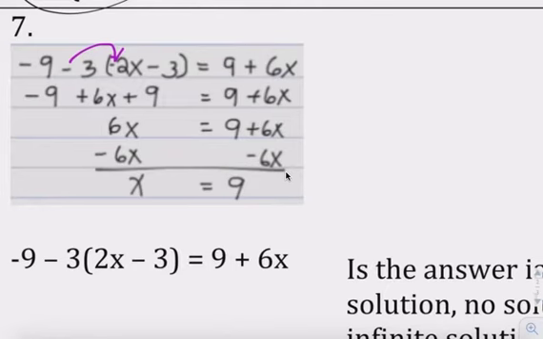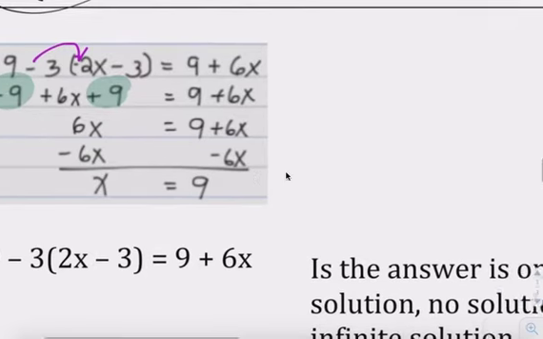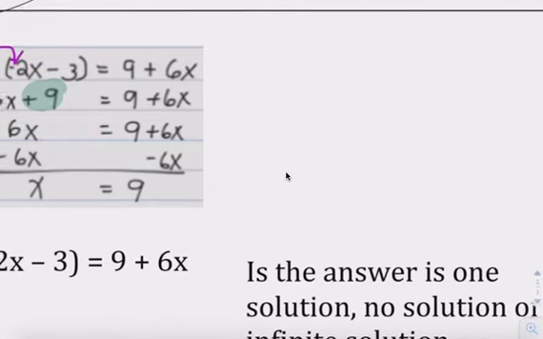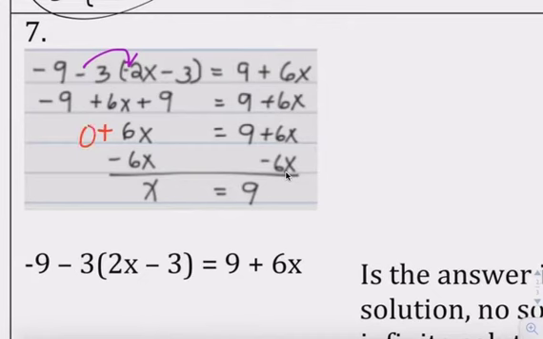So combine these together. It gets 0. Okay, that's correct. They don't have to write the 0. So far so good. You get 6. Okay, you can write the 0 to help you out, but you don't have to. Then minus 6x.